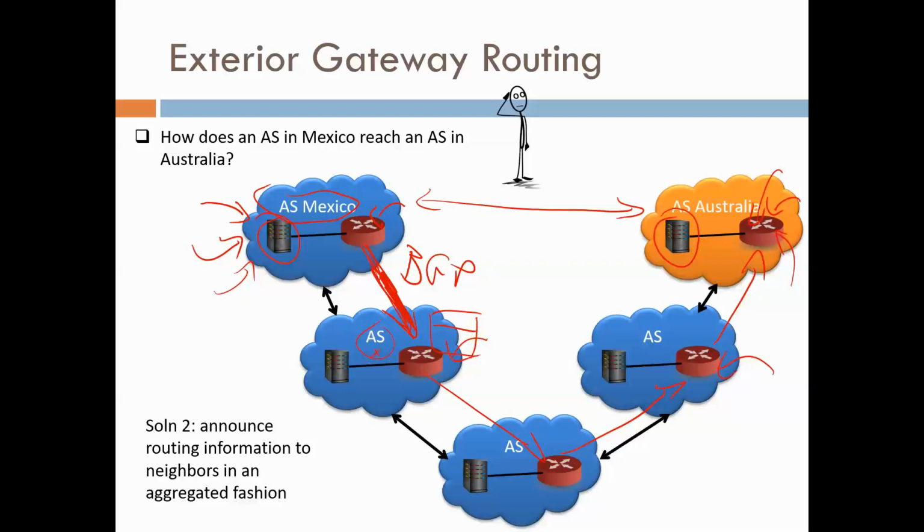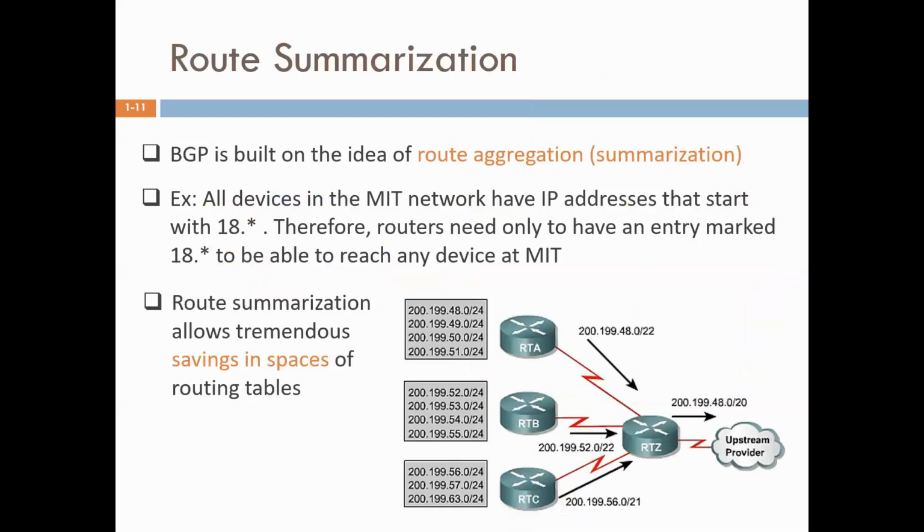If they have this contractual agreement, then they can send each other traffic. If they don't, then there is no incentive for one autonomous system to send traffic to the other. And there has to be an incentive because these are all businesses. Just like the ISPs in Egypt, they are businesses. They are there only to make a profit, to make money. So without an incentive, they do not need to send their traffic to each other.